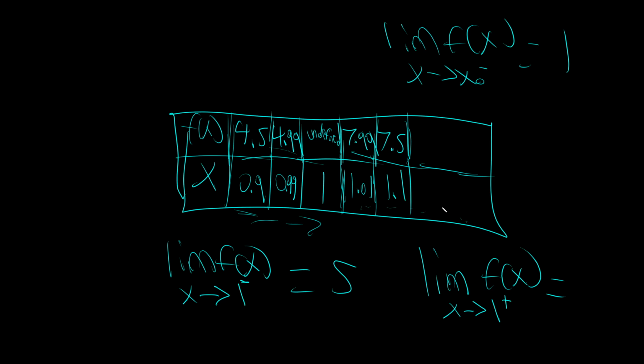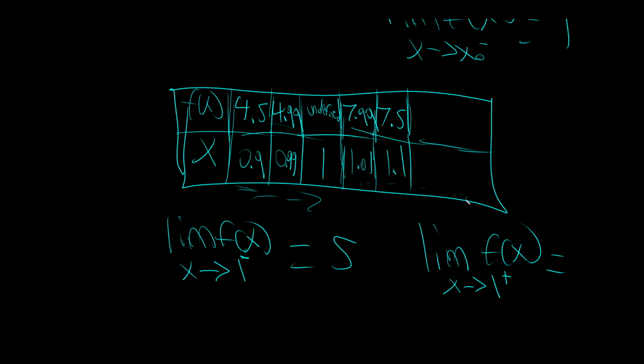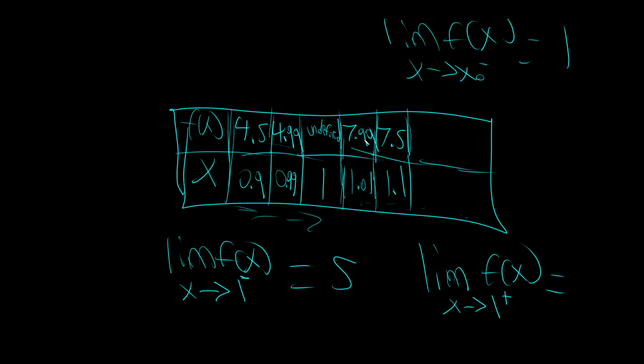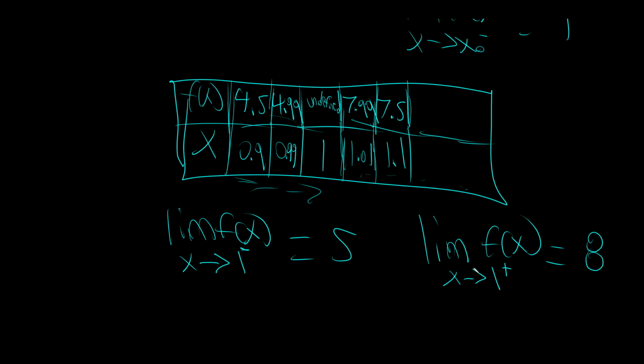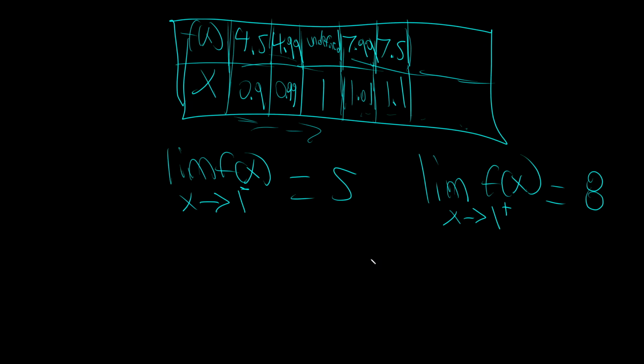It's on the right. If you were to graph this, these x values would be on the right, and anything that comes from the right is our positive side. So this would be approaching, it seems, 8. Now, these limits exist, but since we know these are different, our actual limit from both sides does not exist.